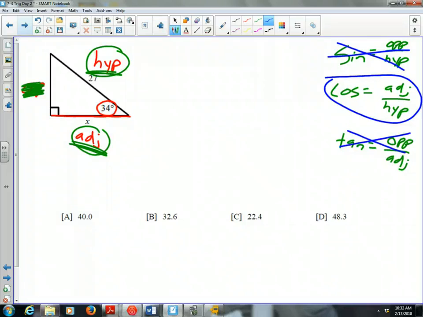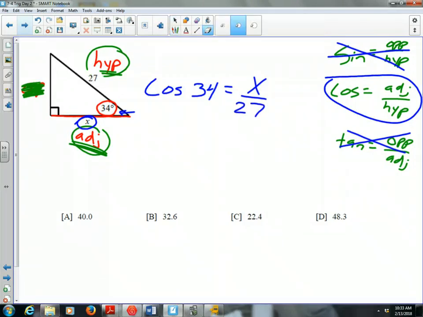So now that I know that I'm going to use the cosine of the angle that we're talking about, the angle is 34. So the cosine of 34 degrees is equal to the ratio of the adjacent side, that's X, divided by the hypotenuse, and that number is 27. Okay, so that's how we set up our proportion.